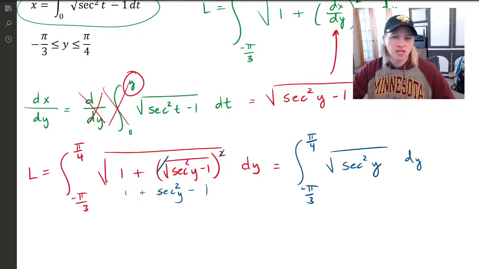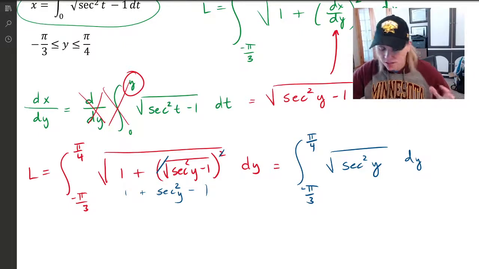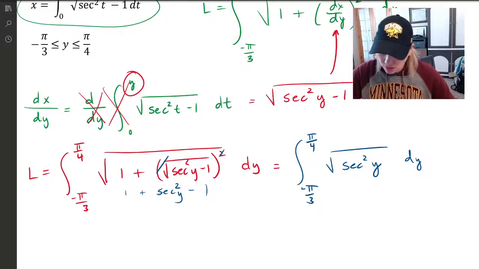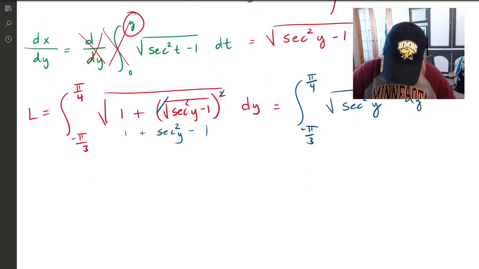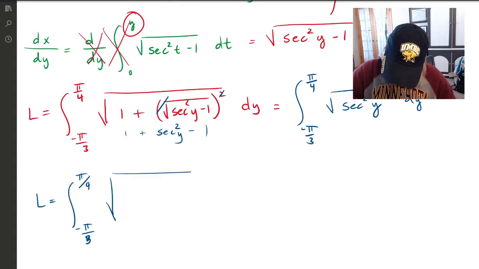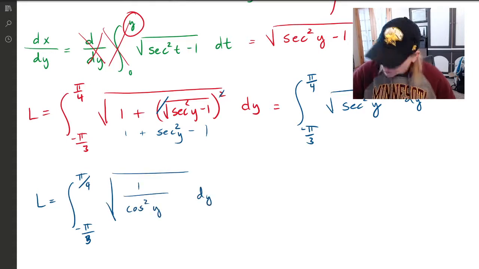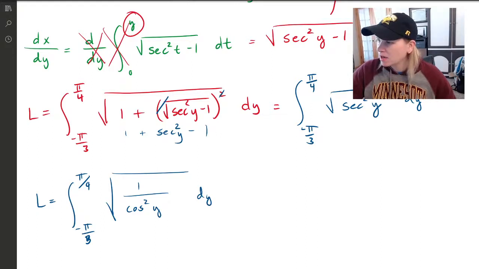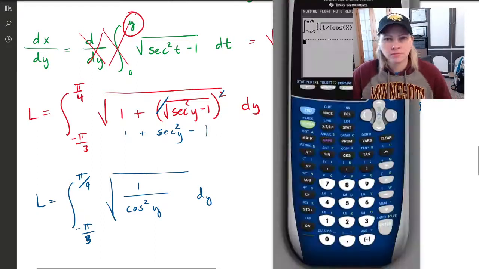The square root of the secant squared is the absolute value of the secant of y, but we're going to worry about that later. I'm going to plug it in just the way that it is, and I'm going to change the secant to 1 over cosine of y, so it'll be 1 over cosine squared y. And I'm ready to plug it into my calculator.